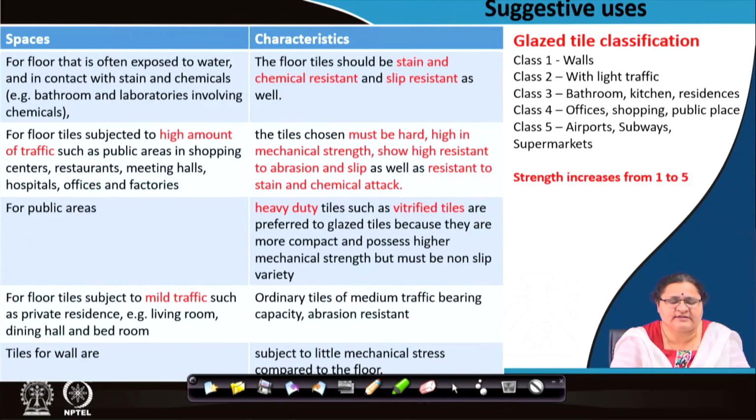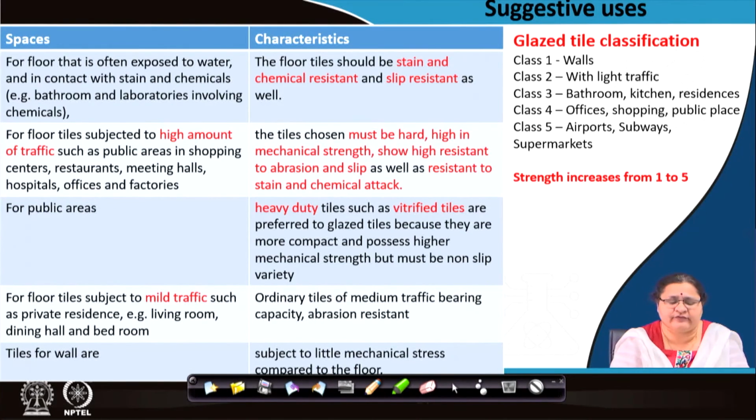Say bathrooms, laboratories where chemicals are involved, you require stain and chemical resistance, obviously slip resistance. High amount of traffic, such as hospitals, shopping centers, restaurants, meeting halls, you will see much harder, mechanical strength high, resistance to abrasion and slip has to be high.